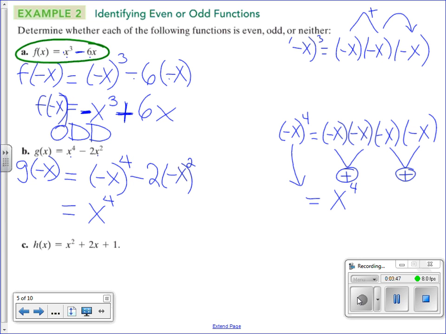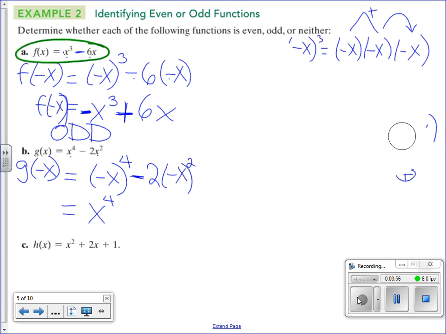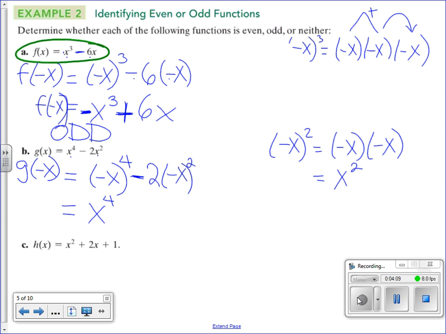Okay, now the next one, before distributing this negative sign, I would like to do the exponents first. So we know that negative x squared is the same as negative x times negative x. And negative times a negative is a positive, so we will get positive x squared.